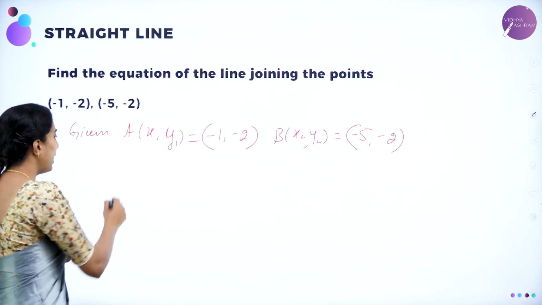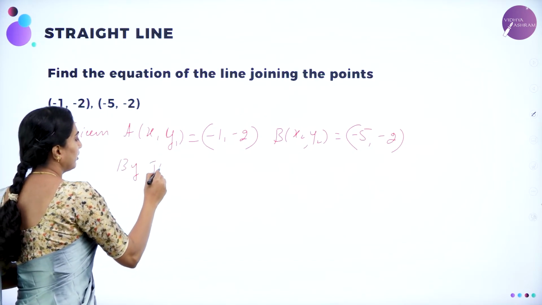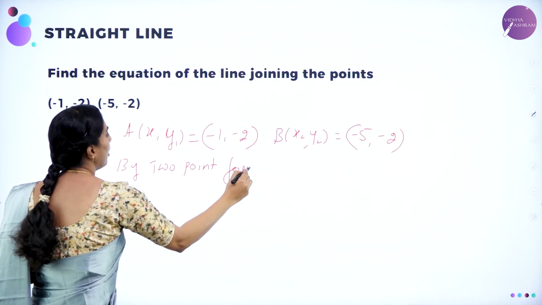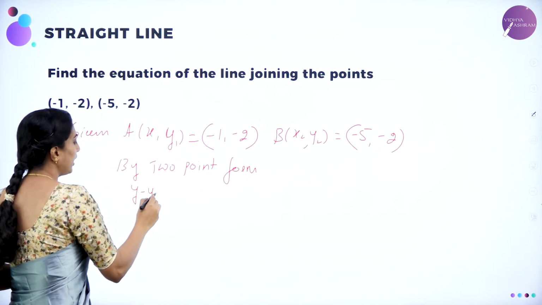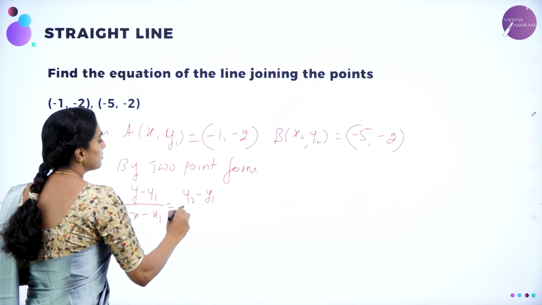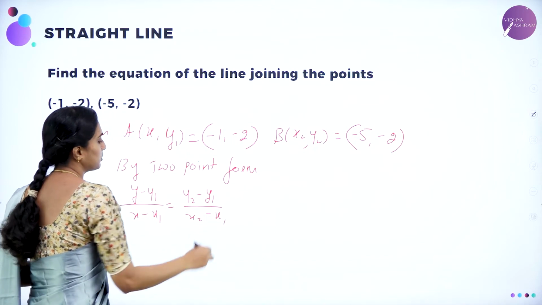So by the 2-point form, what is the 2-point form? Just now we wrote y minus y1 divided by x minus x1 is equal to y2 minus y1 divided by x2 minus x1.